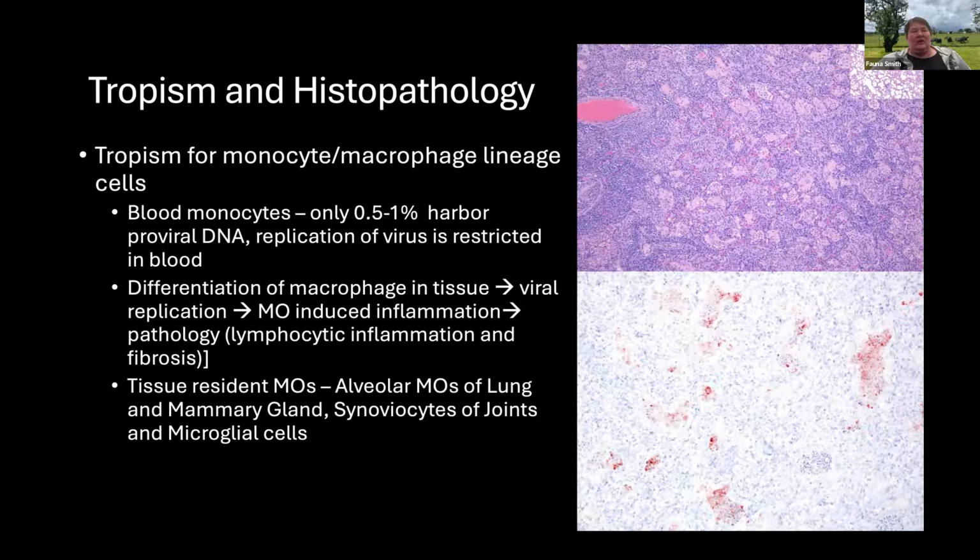When you get viral replication and the macrophage is activated, you have macrophage-induced inflammation. The pathology that we actually see is lymphocytic inflammation and fibrosis. If you look at this histologic slide up here, you've got all of these little purple cells. Those are all infiltrative lymphocytes.